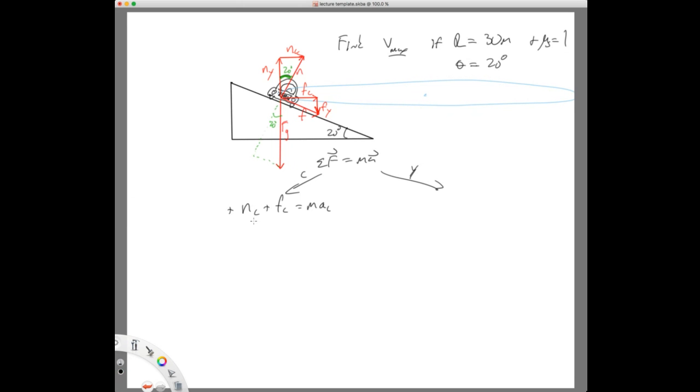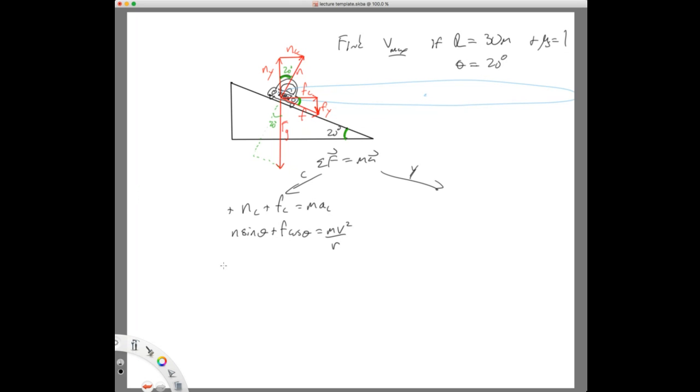So to find the centripetal component of the normal force, again, it's opposite to the angle, so it's going to be N times the sine of theta. And for friction, we get the same: whatever this 20-degree angle is here, that's going to be the same as the angle at the left of the friction triangle. So FC is adjacent to that. We're going to get F times the cosine of theta equals m times v squared over r.